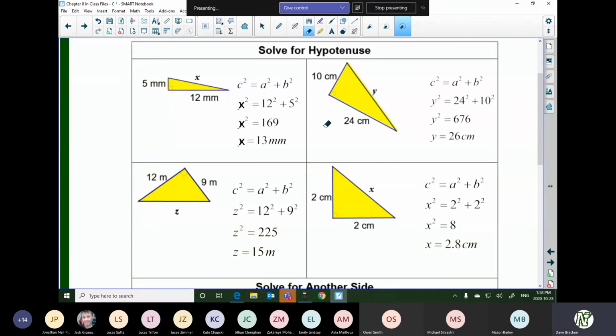Can everybody check the first 4 just to make sure you got them right? In each case, you're solving for the biggest side. So when you answer, your side is the longest side in that triangle.